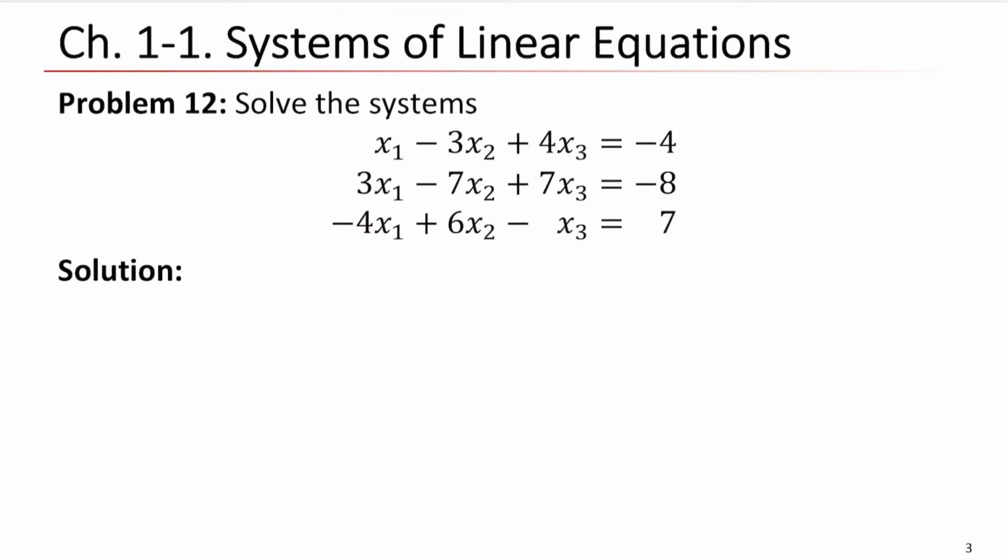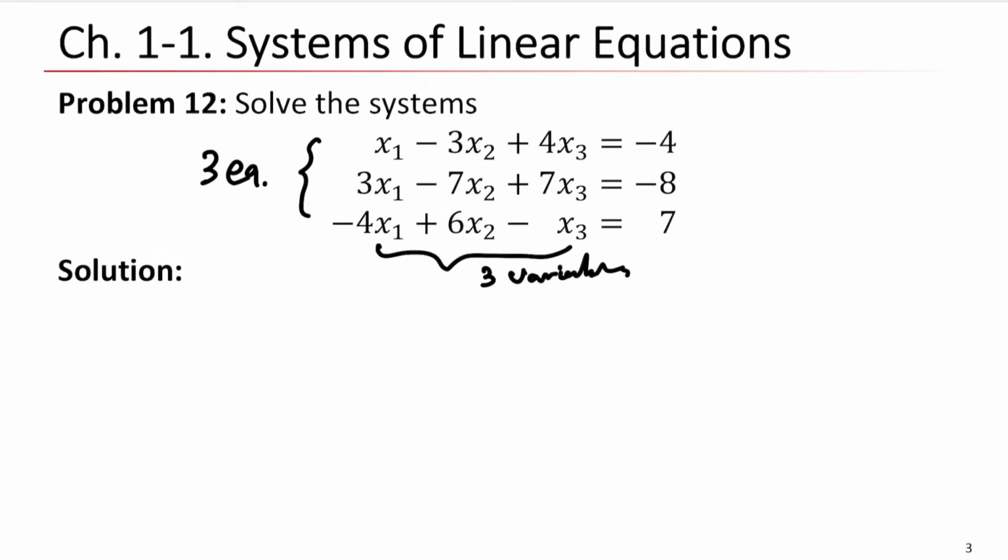First of all, in chapter 1.1, the topic was systems of linear equations. In problem 12, the question was to solve the linear system. How many equations are here? 3 equations, right? How many variables? 3 variables, right?